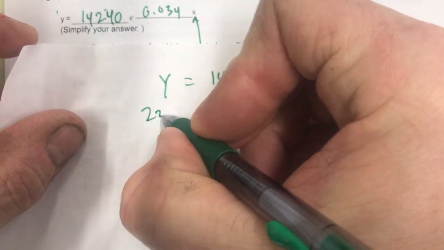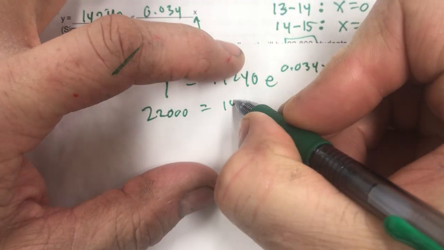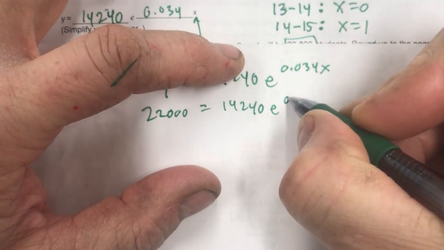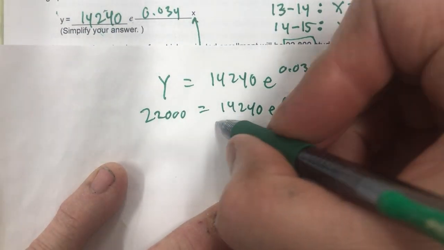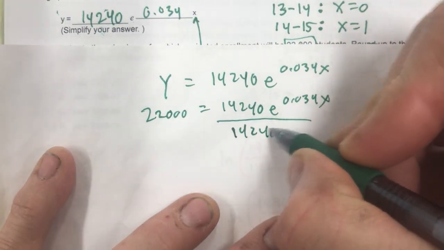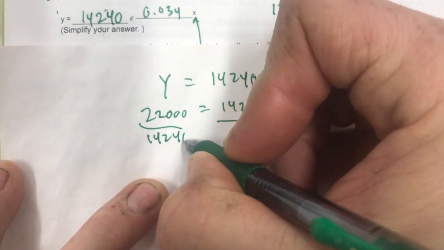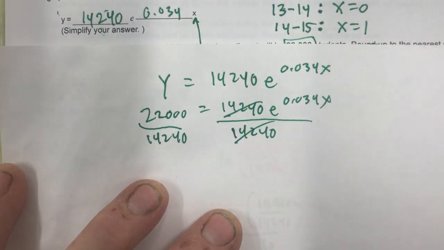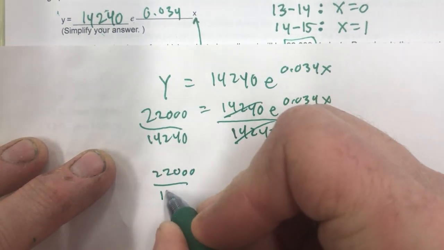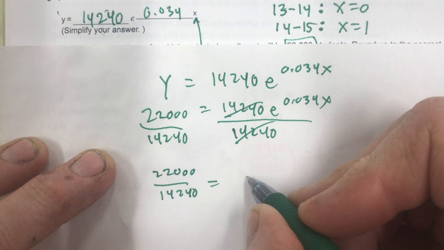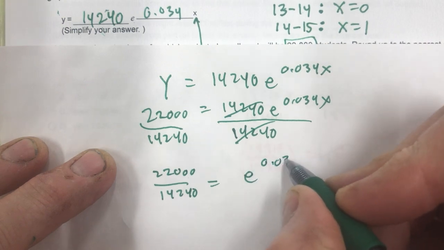So if this is 22,000 right here, I divide by this 14,240, which makes this cancel. And so I'm going to leave this, like I've told you before. That equals e to the 0.034x.